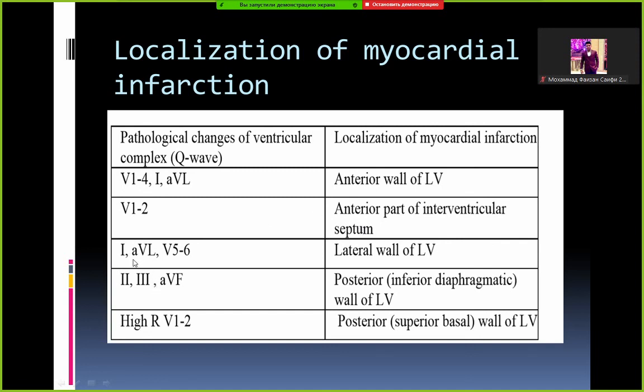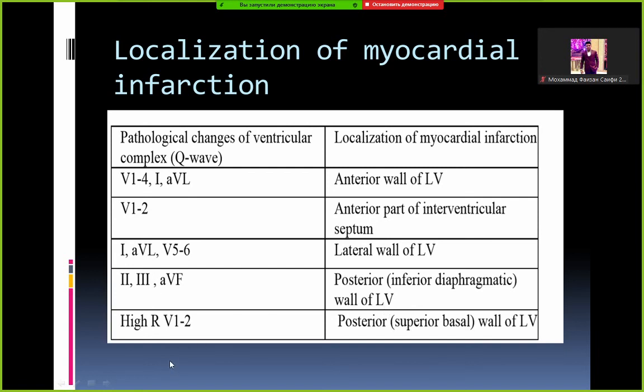If we see pathological changes in the first standard lead, AVL and V5, V6, this is lateral wall of left ventricle.